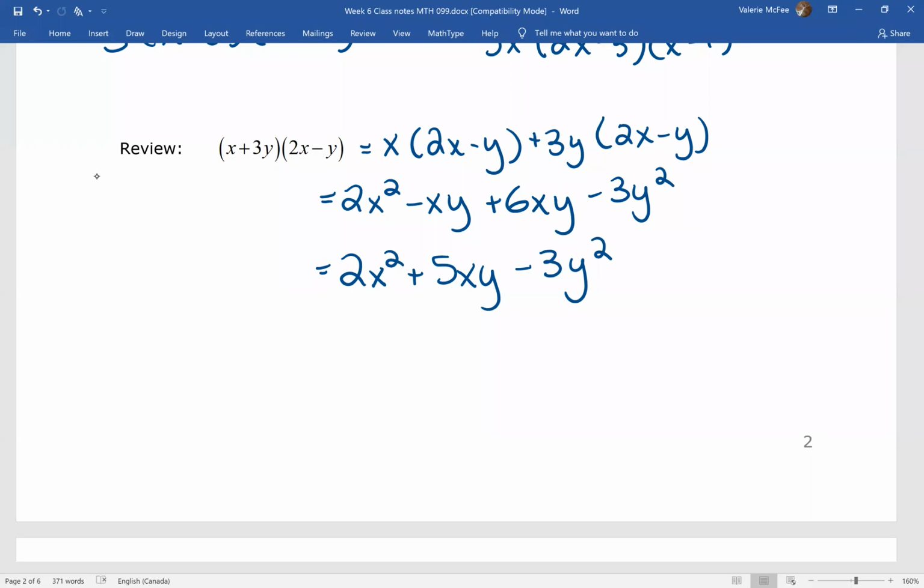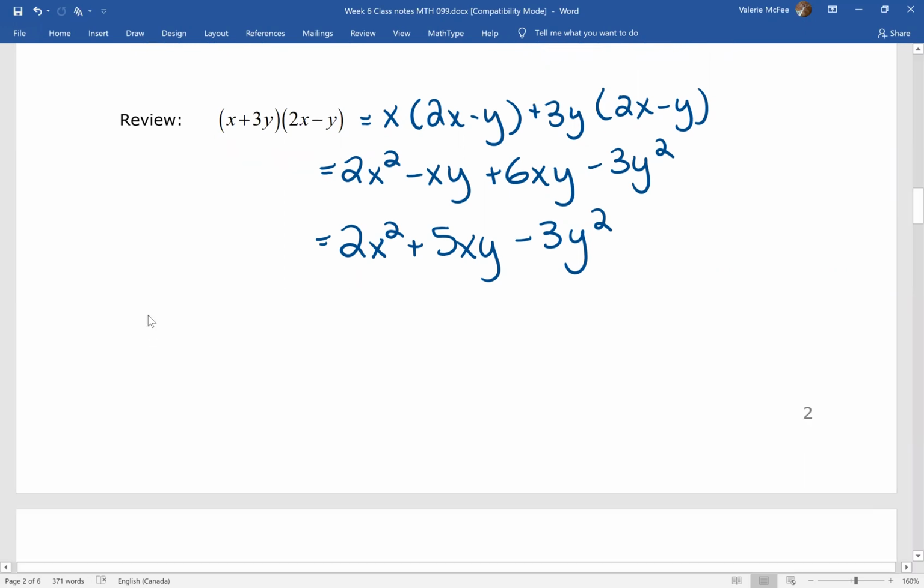Notice that we ended up with a trinomial pretty similar to what we've been working with. The only difference is that we have y squared in the last term and xy in the middle term. These are factored in exactly the same way we've factored everything else.